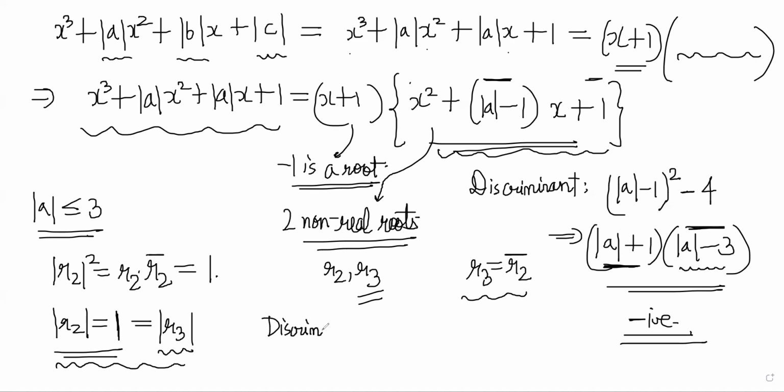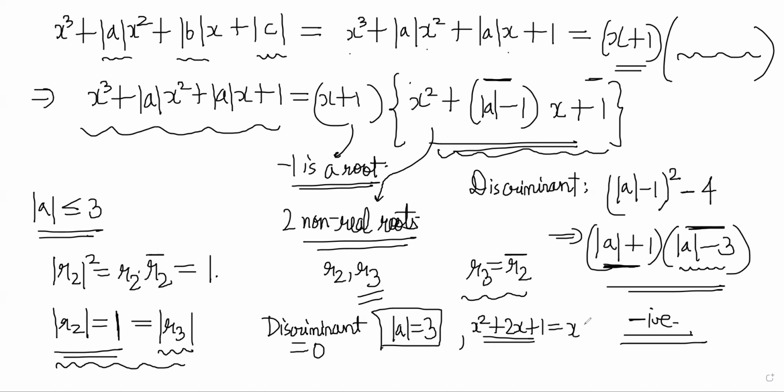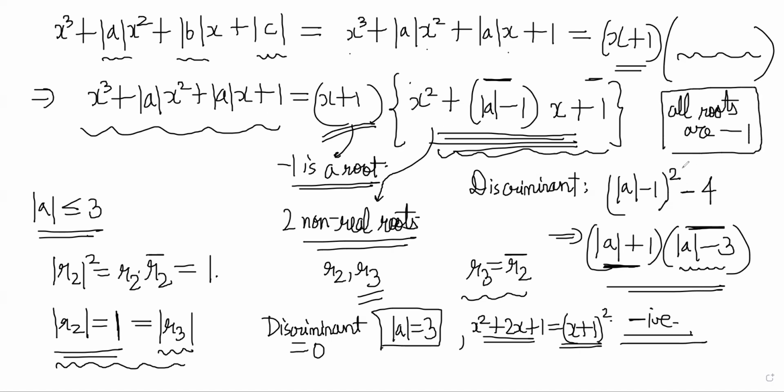If the discriminant is 0, then that means mod A is equal to 3, and in that case we have repeated roots: x squared plus 2x plus 1, and you'll get (x plus 1) whole square here. So this is a double root at -1. You already have a -1 root, so all roots are -1 if the discriminant is 0.